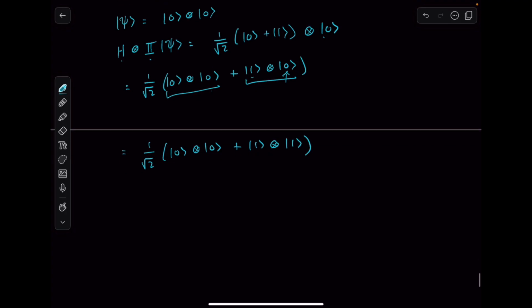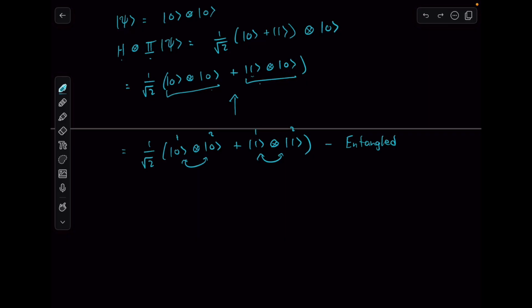Now, this, in fact, is an entangled state. Remember this is qubit 1, this is qubit 2, but this is also qubit 1, and this is also qubit 2. They happen to be entangled here. And it's subtly different from this state up here in terms of entanglement, because this state is not entangled.